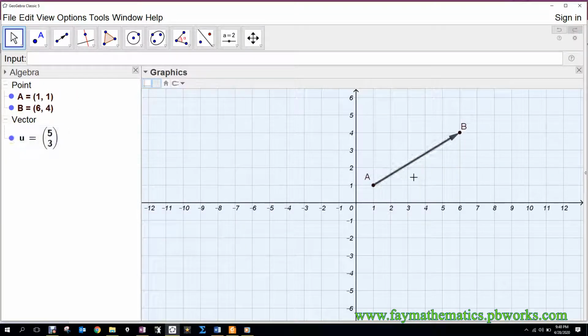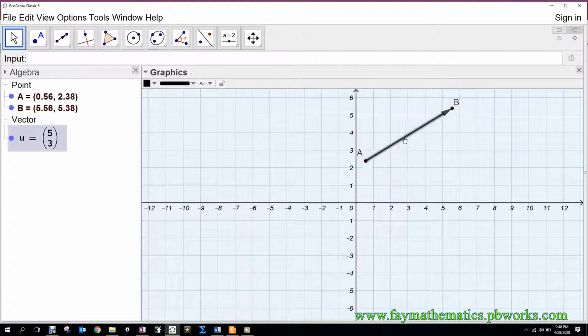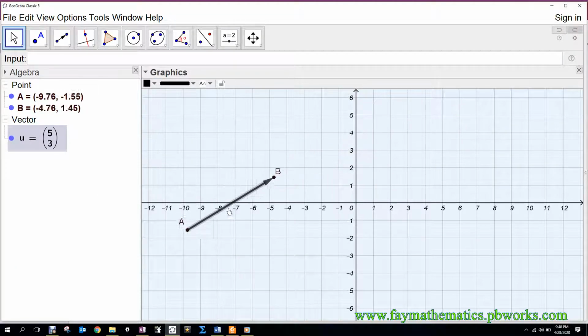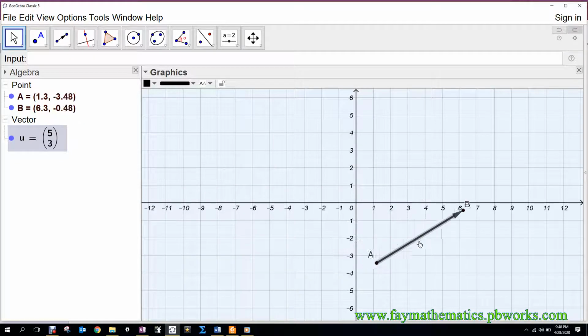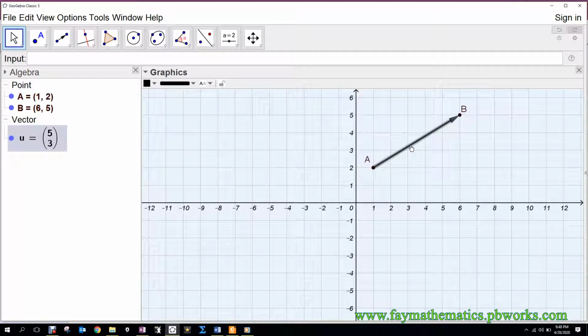So this vector here is called 5, 3. And we'll talk about how we get that 5, 3 in a moment. But as I move this around, that 5, 3 never changes. A and B change. Their position changes. But the 5, 3 vector never changes. So this vector here and that vector there and that vector there, they're all the same vector.